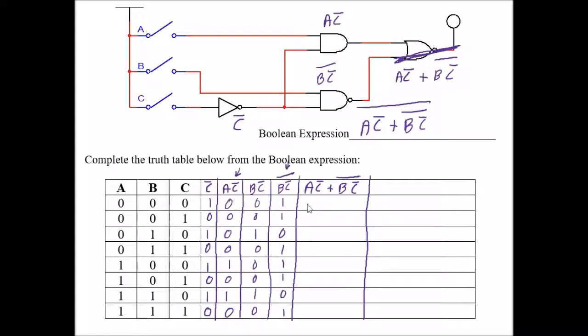OR means every time either one is a 1, I get a 1. That's a 1, so I get a 1. If either one of them is a 1, I get a 1. All right, a 1, 1, 1. Wow, I guess I have a lot of 1s. They seem to all be 1s except for one of them.